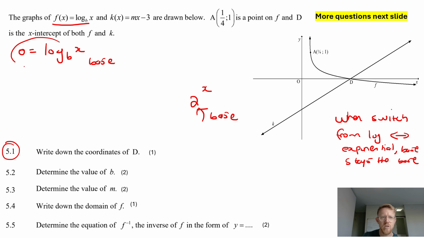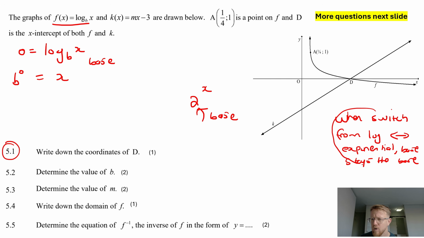So when you switch this to exponential form, instead of having the b with the x, it's now going to be with the 0. So you're going to end up with b to the 0 like that. But notice that the b is still in the base position in both exponential form and in the log form. And that is what I'm saying.